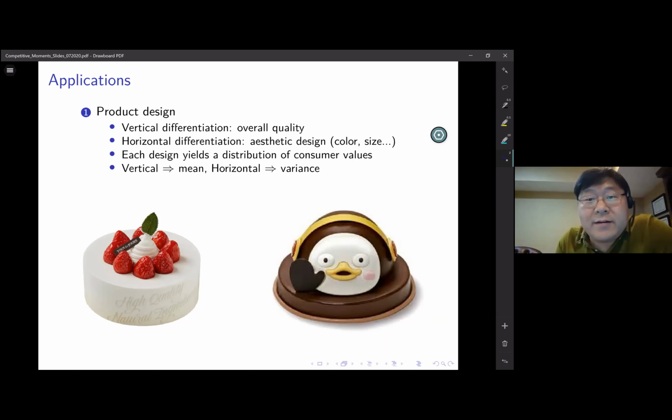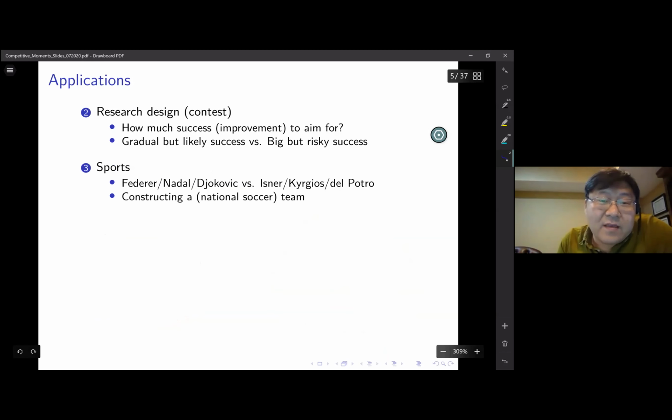Here is another related application: research contests, in which each team needs to decide how ambitious they want to be given their limited resources. And finally, in many sports, you need to think about how well you can play, but you also need to decide how much risk to take.